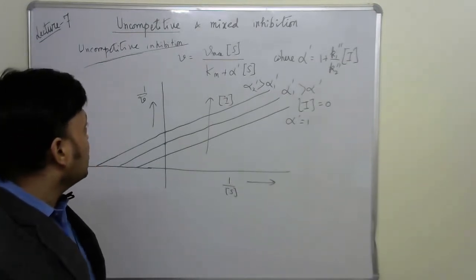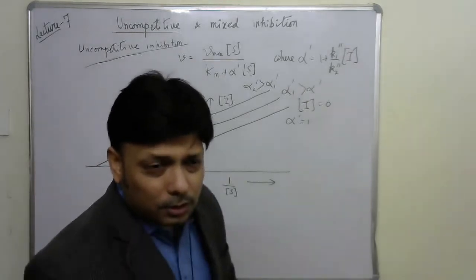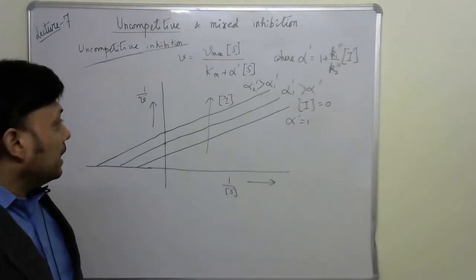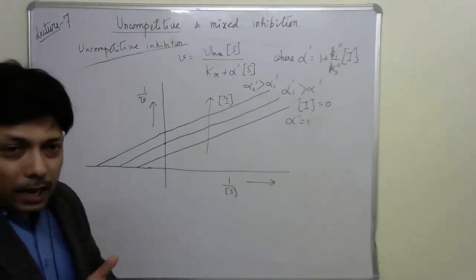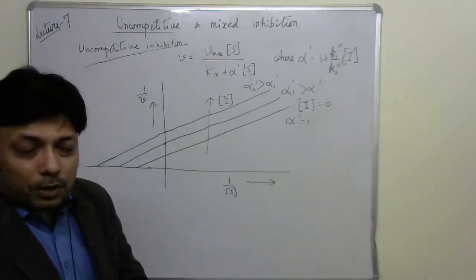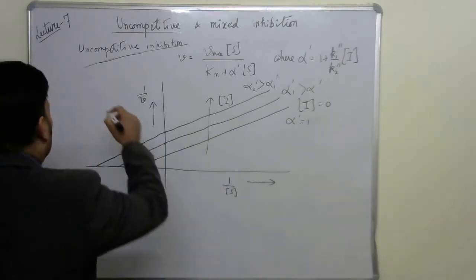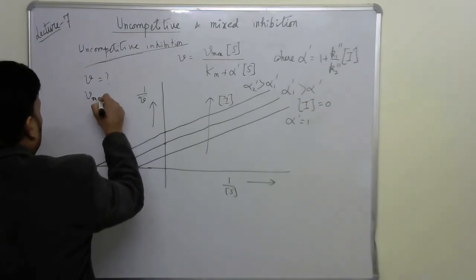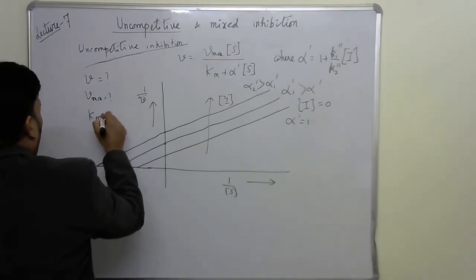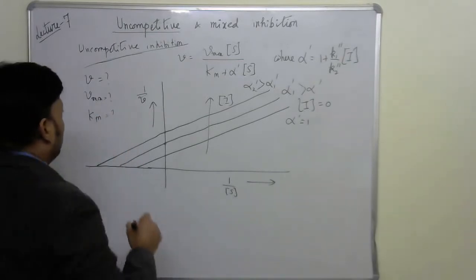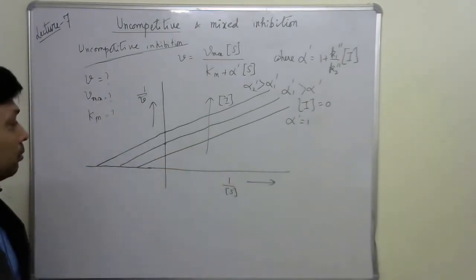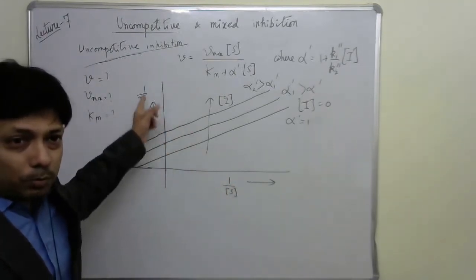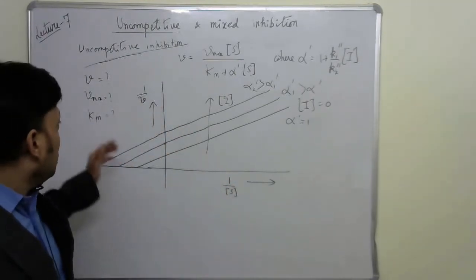Okay, so this summarizes the uncompetitive inhibition, but before we move on to mixed inhibition, a question for you. As I told you last time when we discussed the competitive inhibitor, there are 3 parameters: velocity, Vmax and Km. These are 3 very important parameters for enzyme inhibition. For this uncompetitive inhibition, it's your job to summarize all 3.